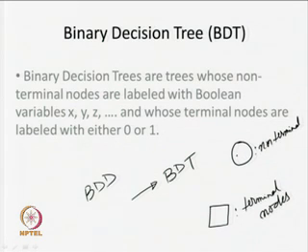Say if x is a variable, I will label this particular non-terminal node with x. And if it is a terminal node, the Boolean functional value will be either 0 or 1. So, if I write 1 over here, it says that the value of this particular terminal node is 1. So, we are going to draw a tree. In that tree, we are having terminal nodes and non-terminal nodes. The labels of non-terminal nodes are the variables of the function, and the labels of terminal nodes are Boolean constants, either 0 or 1, which will be the functional value of the given function.